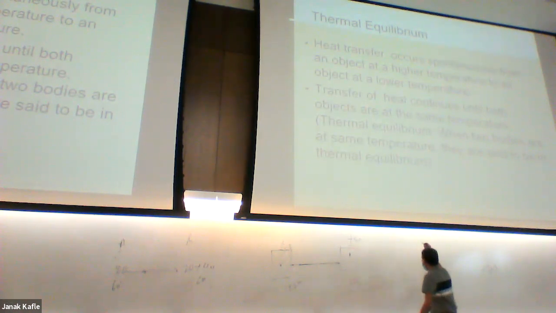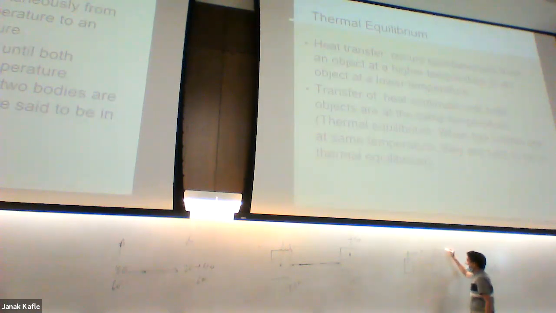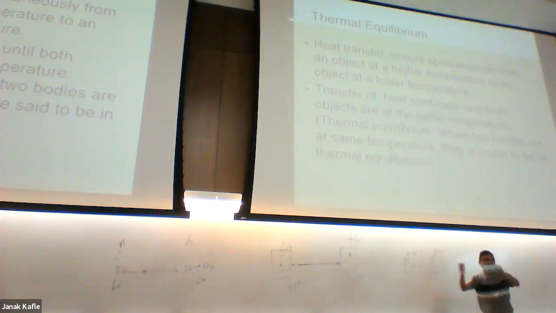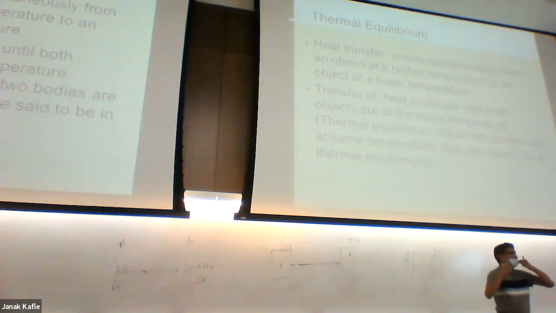Let's say I have 50 degrees centigrade here and another also at 50 degrees centigrade. I connect them with a wire. Does heat go from here to here or here to here? No, it doesn't happen, since they have equal temperature. If temperature is equal, the heat does not flow from one to another.